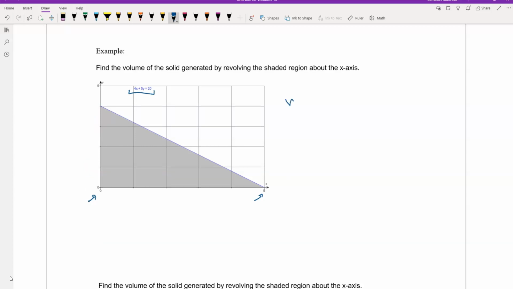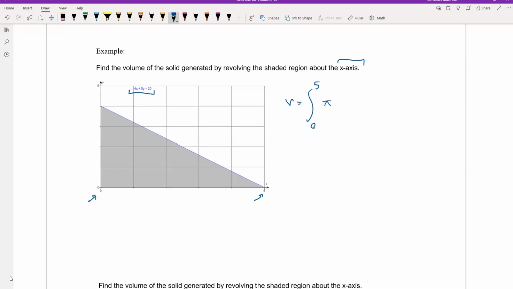So volume is equal to the integral from 0 to 5, because this is about the x-axis, we have to work based on x, and this is 0 to 5.